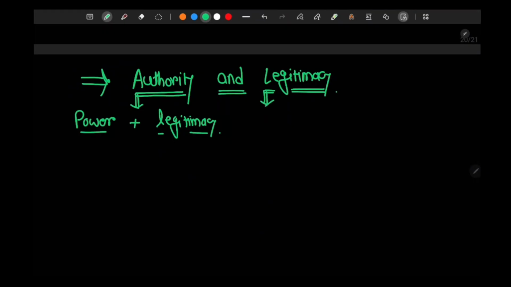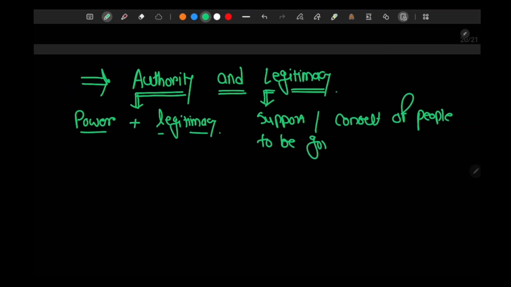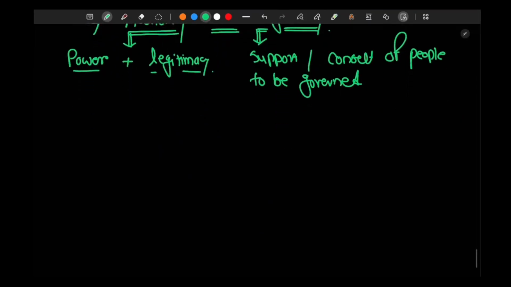What is legitimacy? It is support or consent of people to be governed. With respect to authority and legitimacy, he has given one important distinction with respect to societies.